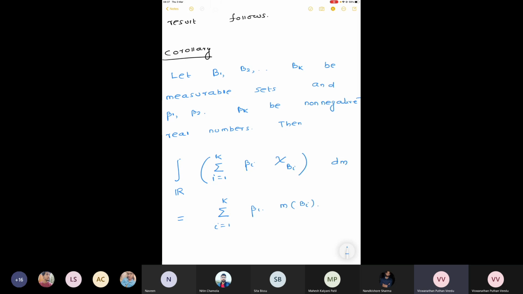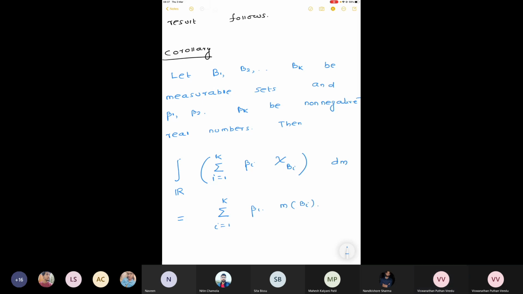Before proving the corollary, you should understand why this corollary is important. What it basically tells you is this: look at the left hand side and look at the integrand. The integrand is a simple non-negative function.